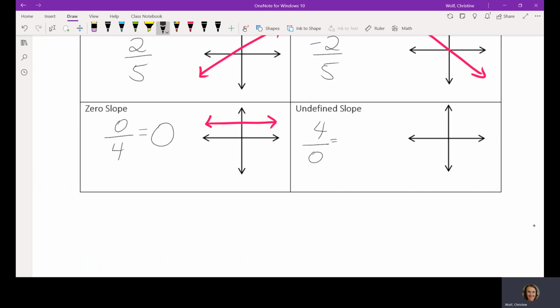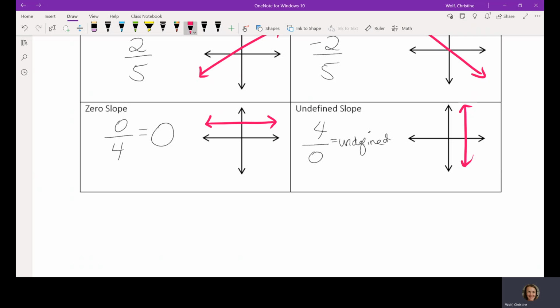So we call this an undefined slope when 0's on the bottom because there's no run. We don't move left or right. All we do is rise. So it's a complete vertical line. And if you think of that in terms of a treadmill, it can never go upright like that. That would be completely impossible, or we call it undefined.